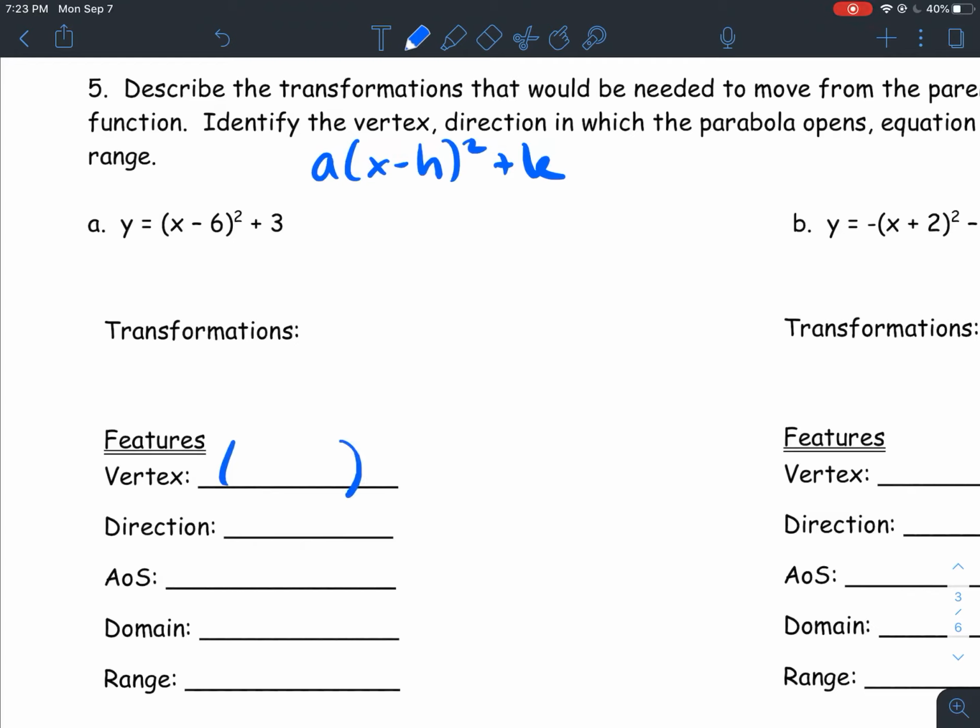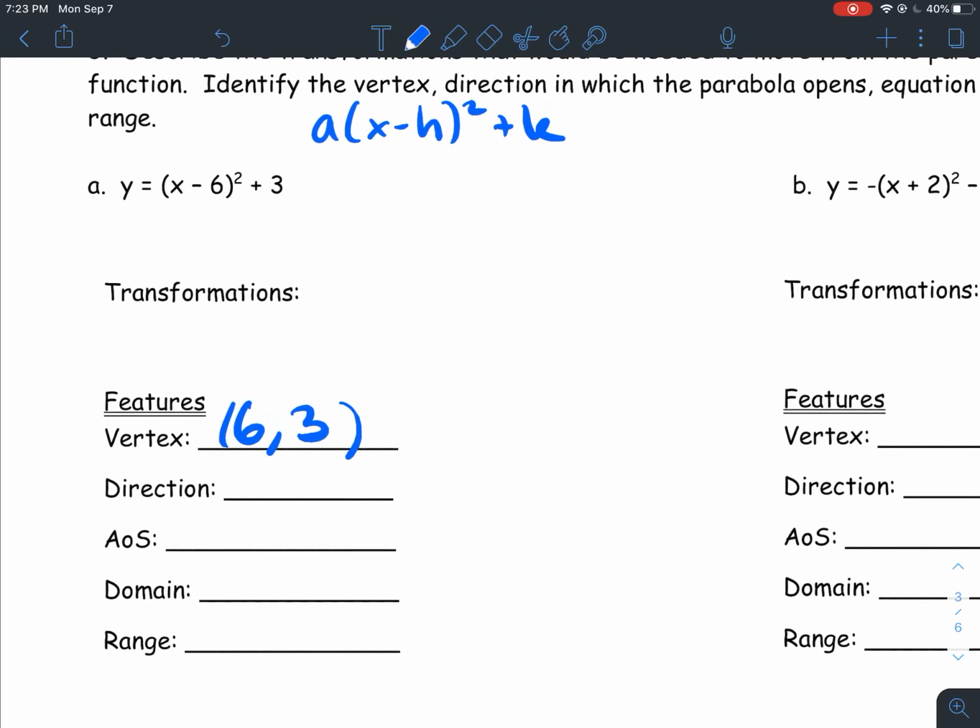So remember, like I said, to find the vertex, you switch the sign of this value and you keep the sign of this value. So it would be positive 6, positive 3, because the 6 has to change the sign. The x value switches the sign. And that's really the only transformation that occurs here, would be the sign change.